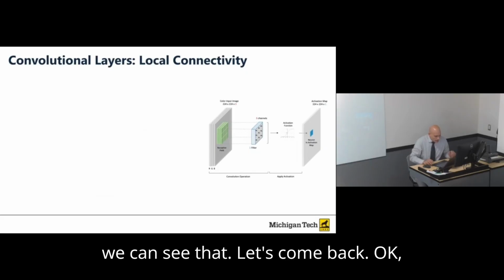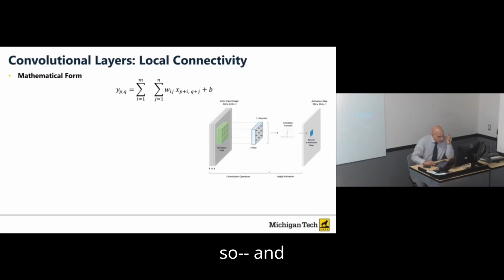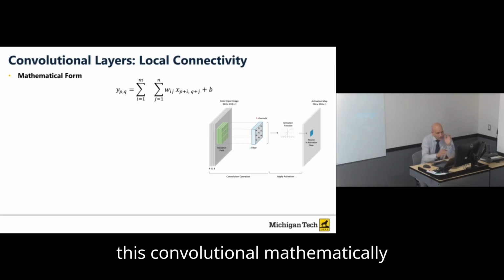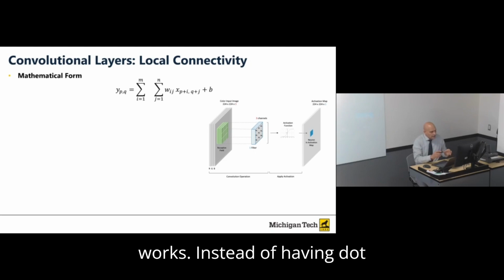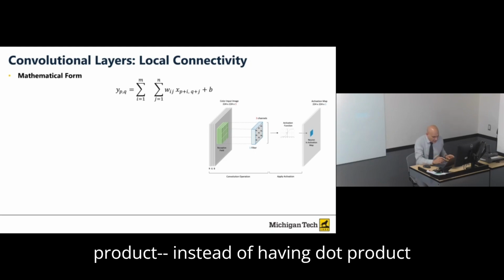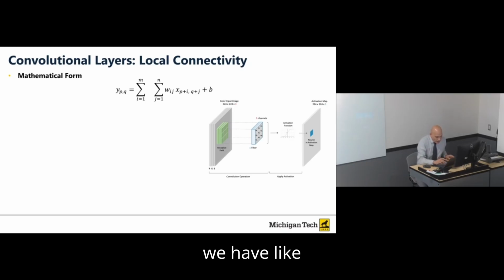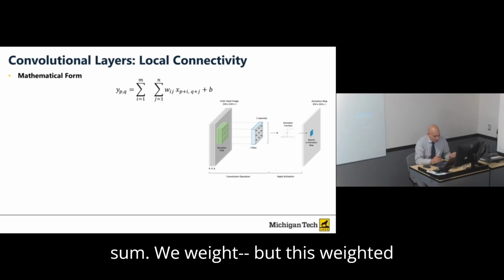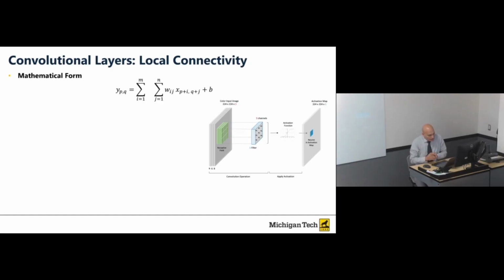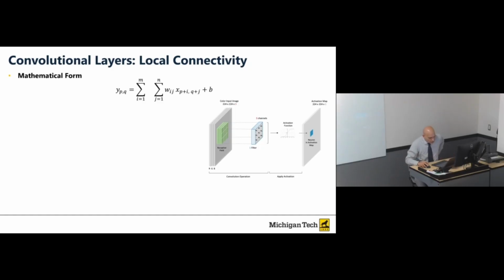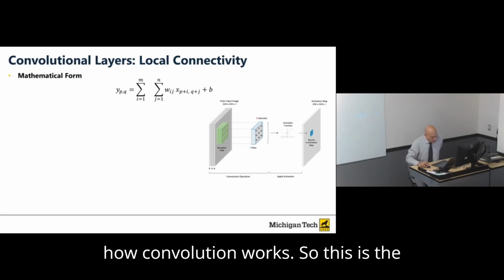Let's come back. Last class we also explained how this convolution works mathematically. Instead of the dot product that we had in a dense neural network, we have a weighted sum, and this weighted sum is exactly how convolution works.